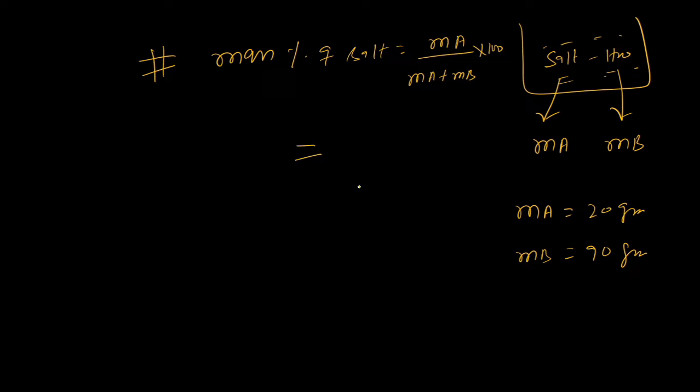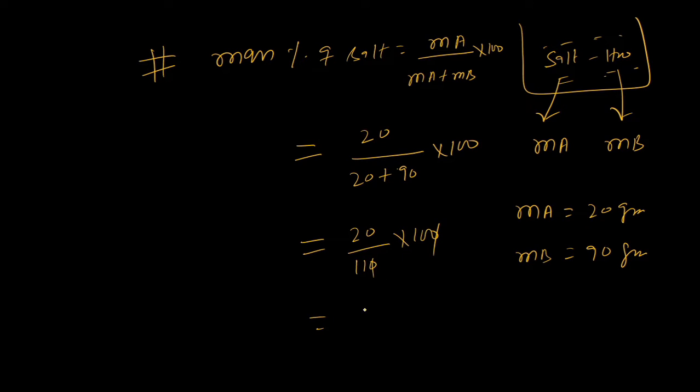Putting in the values: 20 divided by 20 plus 90 into 100. So 20 divided by 110 into 100. The 0 is cancelled, so 20 divided by 11. Whatever comes, that much percentage will be your answer.